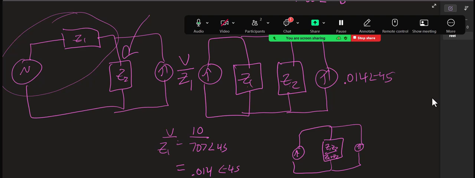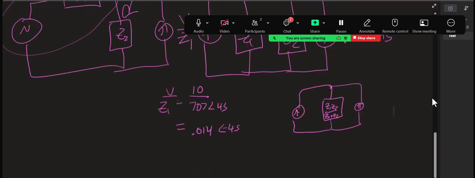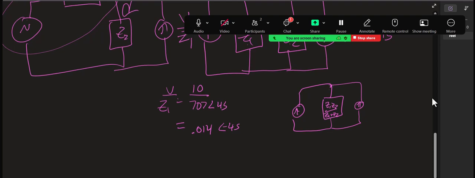So I could find that, and then what would the current be going down this branch right there? Just from KCL, the current coming in here and the current coming in here has to be the current going down there.